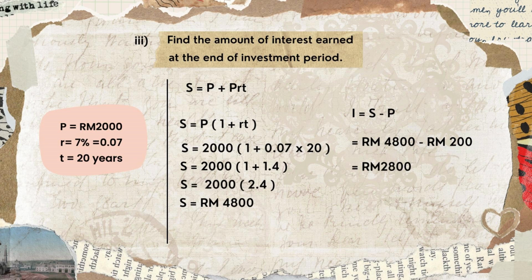Lastly, you need to do 2000 times 2.4 and the answer you will get is 4800. So, S equal to RM4800. After that, to find the amount of interest, the formula is going to be I equal to S minus P, and it's going to be S is RM4800 minus P is RM2000 and the final answer for the amount of interest earned is RM2800.